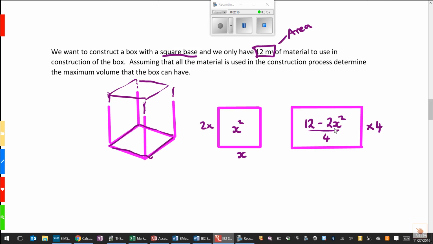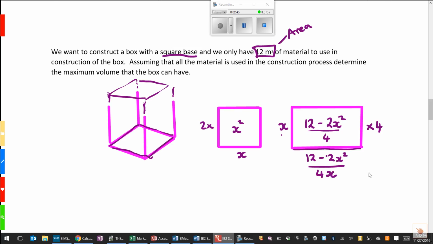Therefore if I know this side is x because it has to fit onto the base, this side here that I'm going to try and find, well, this times this gives me this, so this divided by x will give me this dimension. Therefore I can do 12 minus 2x squared over 4 and again divide by x.